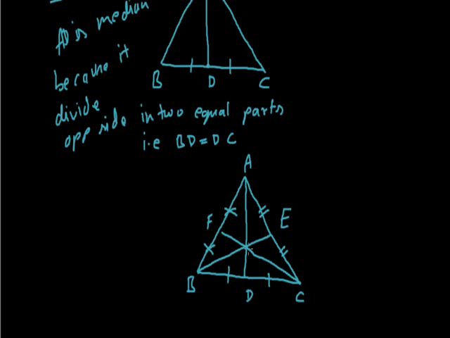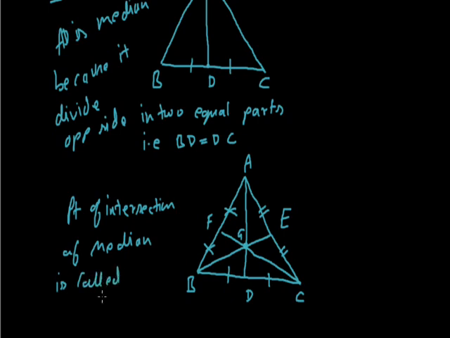Now where these three medians intersect each other, let's say at point G, this point of intersection of medians is called the centroid. So here G is the centroid.